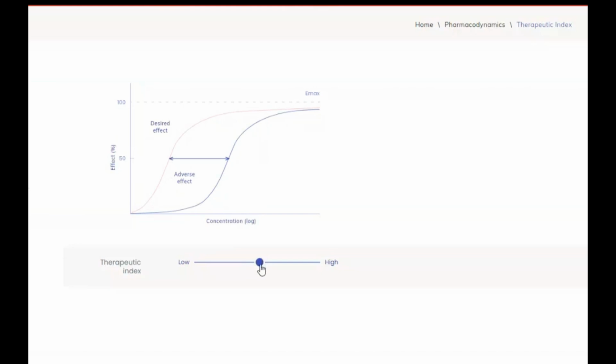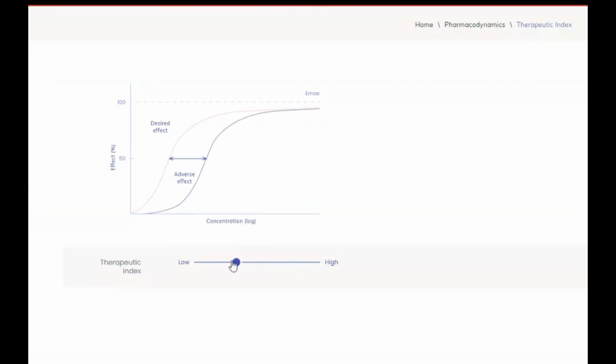Of course, we use experimental animals in this case. So for a high therapeutic index, you can notice that the difference between the toxic side effect curve and the effective curve is wide and broad. That's why a high therapeutic index reflects a wide margin of safety of the drug.